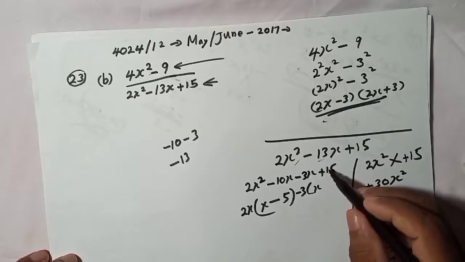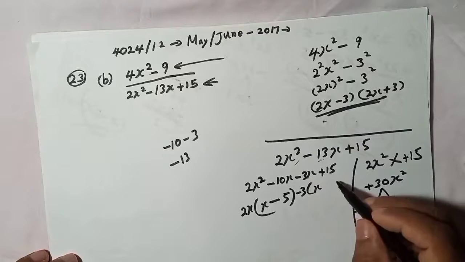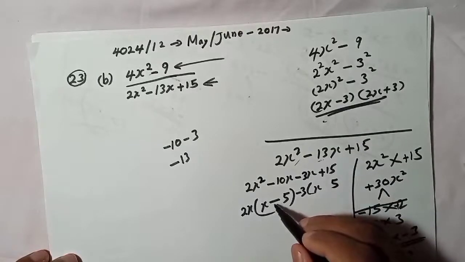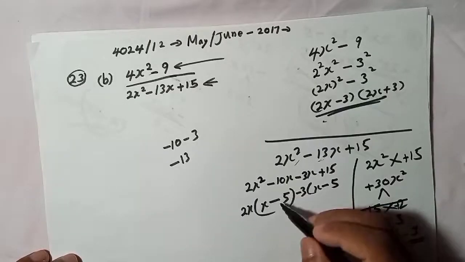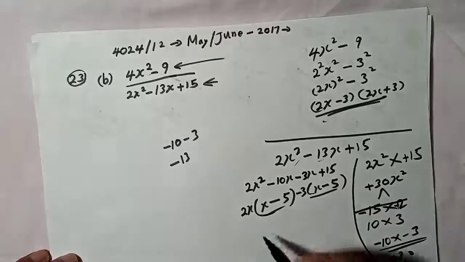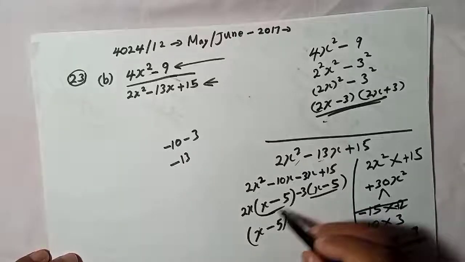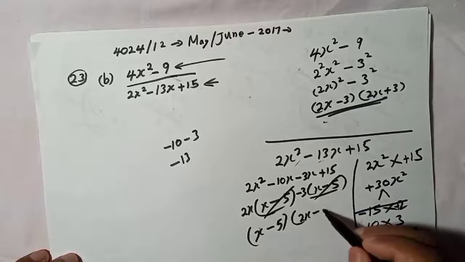Then here should be 5, with 3 taken outside, and the same sign here. Don't think too much here, because with experience you know what this will be. Then this and this are the same, so write x minus 5 outside, and the remainder is 2x minus 3.